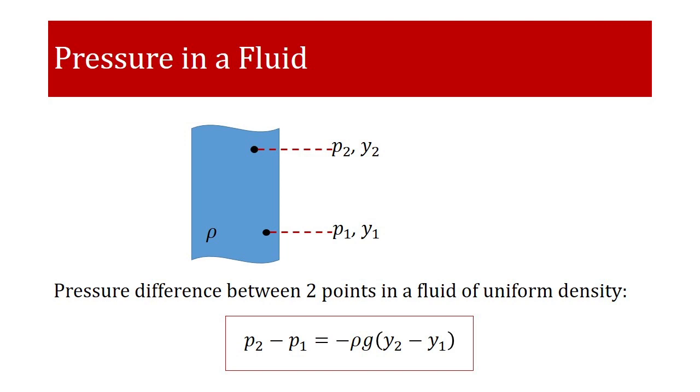P2 minus P1 is equal to minus rho, the density of the fluid, times g, 9.80 meters per square second, times the difference between the elevations, Y2 minus Y1. This formula can be used if we want to relate the pressures of 2 points in a fluid given its elevations.